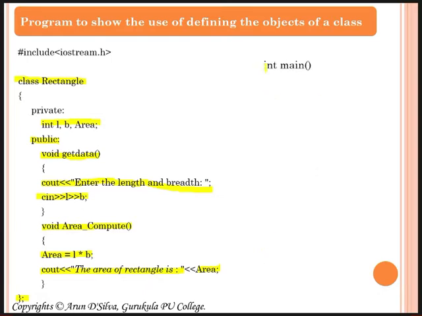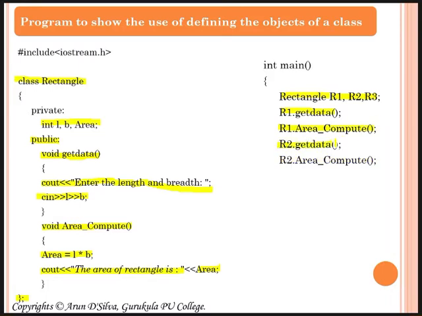We have created the main function, and there I have created 3 objects of the rectangle class. R1, R2 and R3 are objects of the rectangle class. Here I am calling R1 get data and R1 area compute.